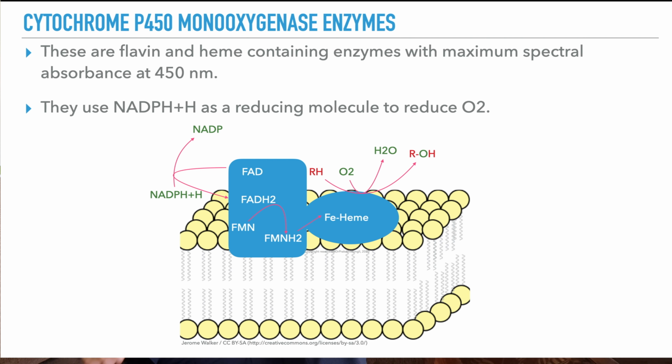That is how an atom of oxygen is used here, and the other atom of oxygen is released as a water molecule. So basically, oxidation is going on here, RH is converted to ROH, with introduction of an oxygen atom, and another atom goes out as a water molecule, with 2 protons coming from NADPH plus H plus. That is how the cytochrome P450 monooxygenase system enzymes work.